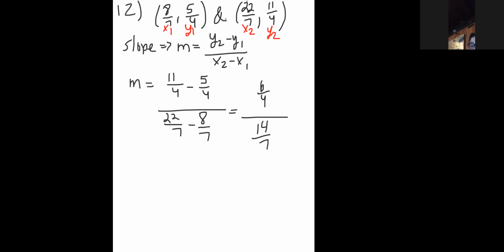And now, since we have a fraction divided by a fraction, we're going to keep, change, flip. Don't forget to do this when you've got those fractions over each other, okay?